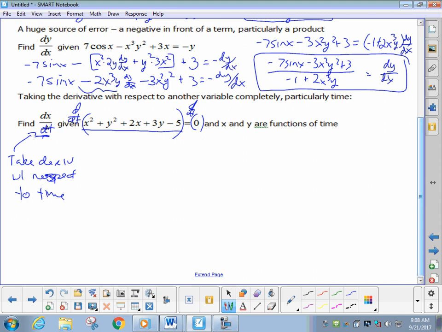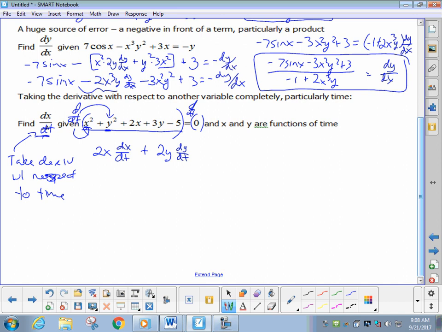When I take the derivative with respect to time of x squared, I take the derivative of the outside, which is 2x, times the derivative of x with respect to time, which is dx/dt. Now the derivative of the next term, y squared, with respect to time: 2y, times the derivative of the inside, dy/dt.